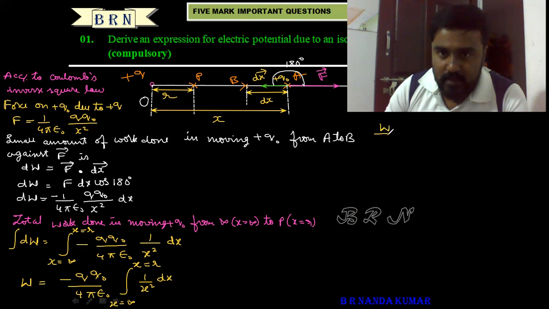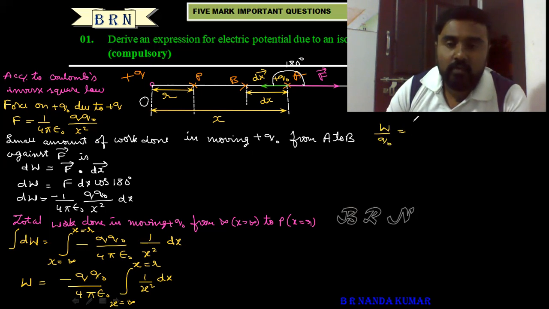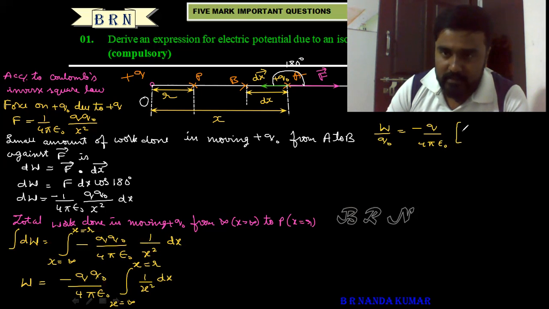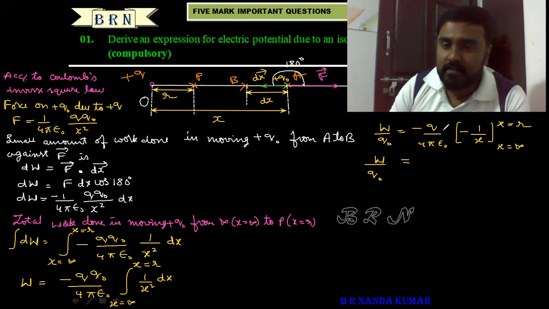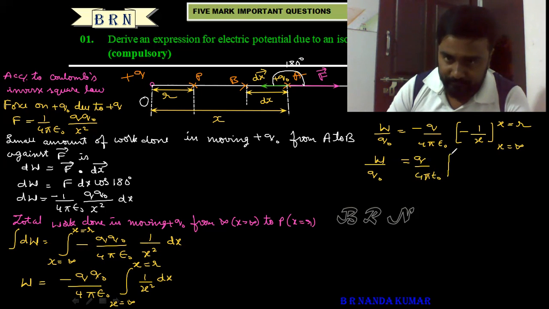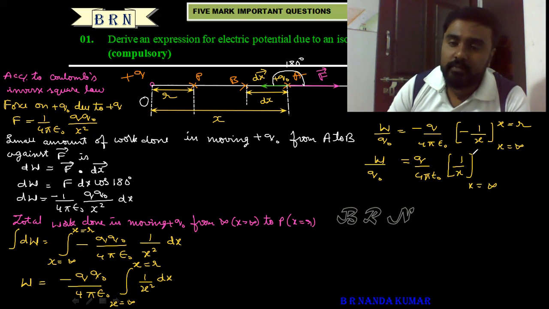So W by Q naught is equal to minus Q divided by 4 pi epsilon naught times the integration of 1 by x square dx, that is minus 1 by x, limits x equal to infinity to x equal to R. So W by Q naught is equal to plus Q divided by 4 pi epsilon naught, 1 by x, with the same limits.